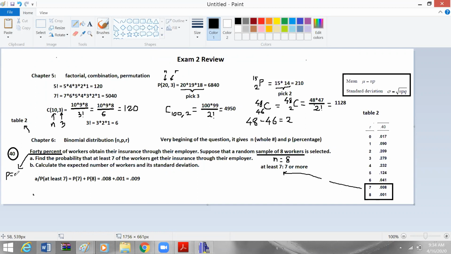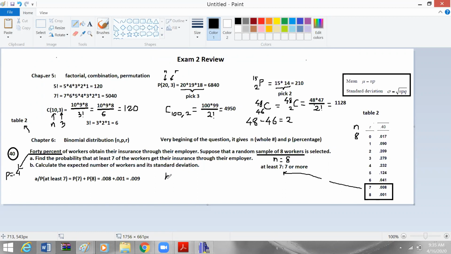Okay, I forgot to put them down. So I'm going a little too fast for that part. So P is 0.4, and that's the reason why N equals 8. Okay, N equal to 8. So we have a sample of 8 workers. So now we're going to do part B right there.